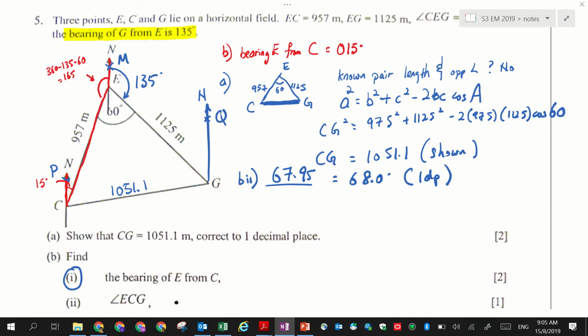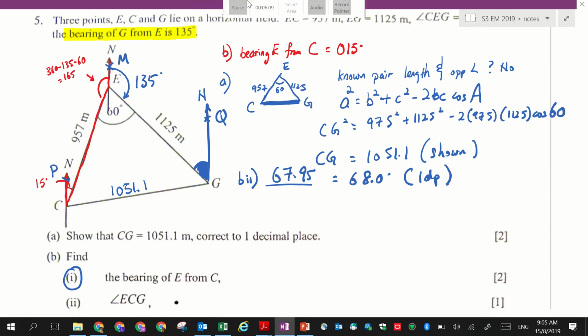Once you have the Q, suddenly you are able to call out this angle. This angle is called EGQ. Can follow? So you must label the diagram so that when you call the angle, they are able to mark your working. Okay? Right, return to your work.